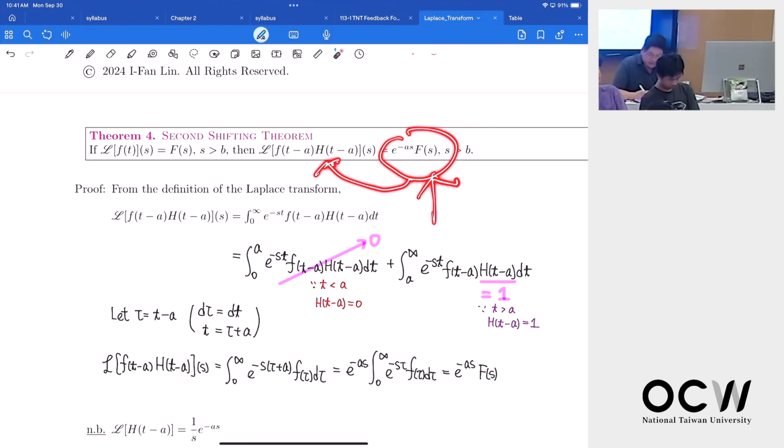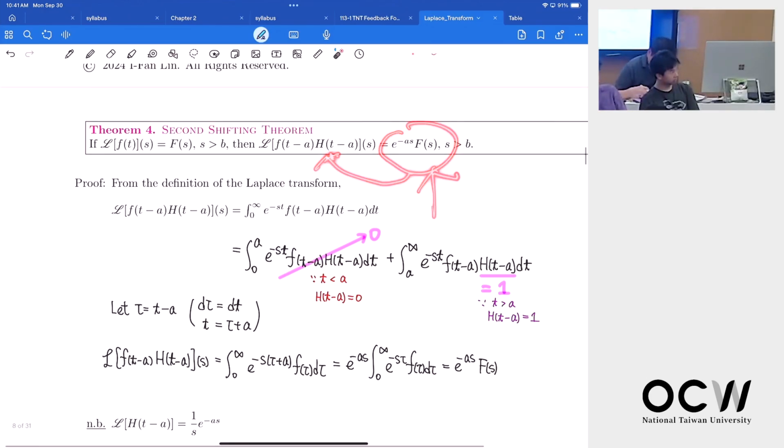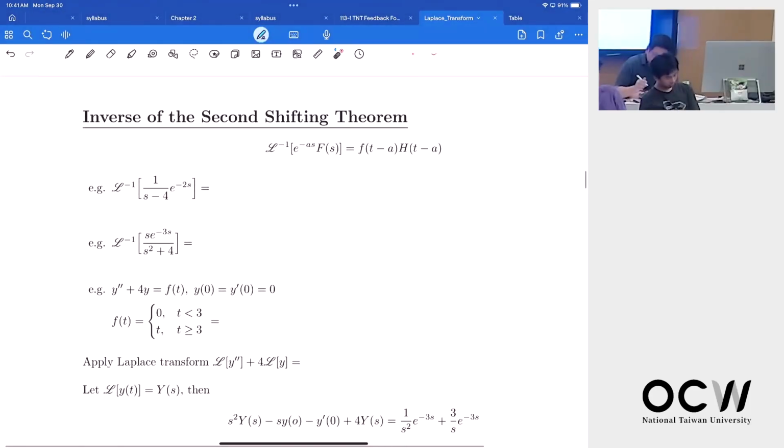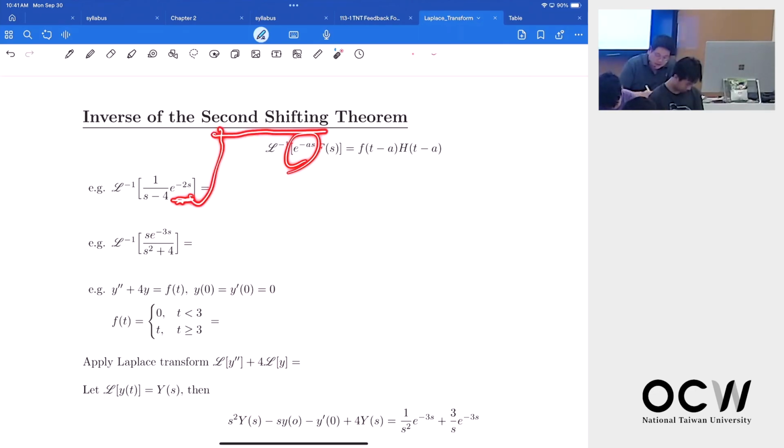So here is the inverse of the second shifting theorem. Every time you see a function times an exponential term, you may think about the second shifting theorem. Your answer should have your original function delayed by a, and also a shifted Heaviside function along with it.